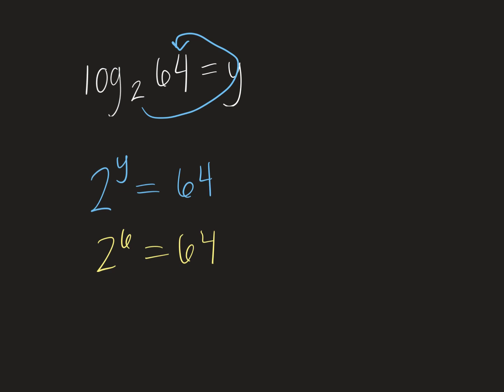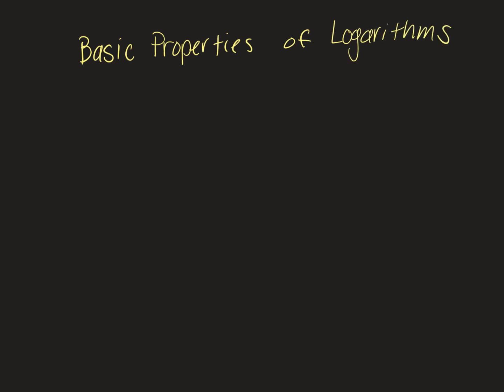Okay, so then we have some other basic properties of logarithms. Those are at the top of page 137. The log of 1, regardless of what your base is, is always 0.